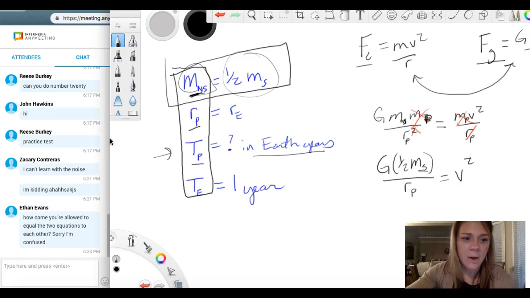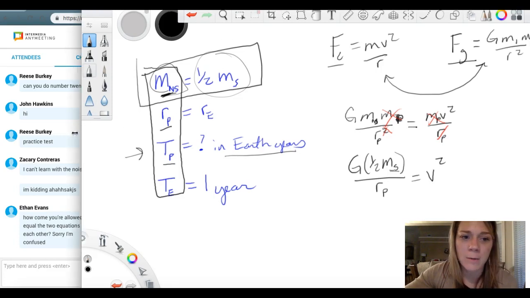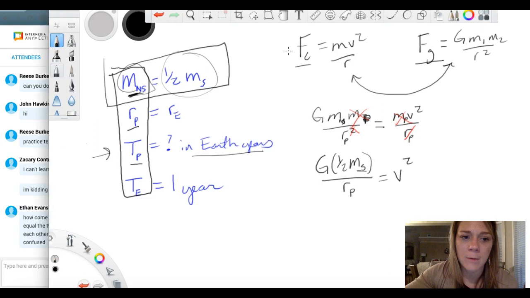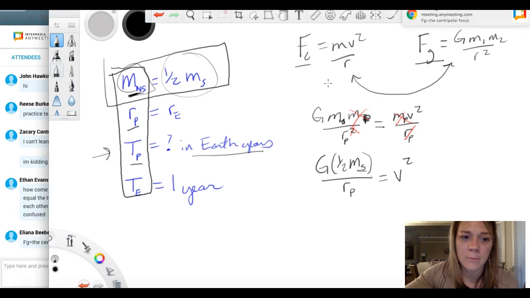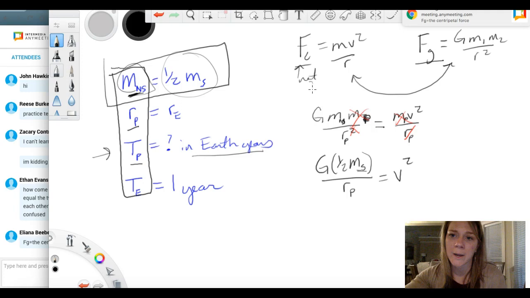Okay, Ethan says, how are you allowed to equal the two equations to each other? Sorry, I'm confused. No problem, Ethan. This is a very common thing that we do in the process of deriving our own equation. In this case, we know that centripetal force is just a net force.